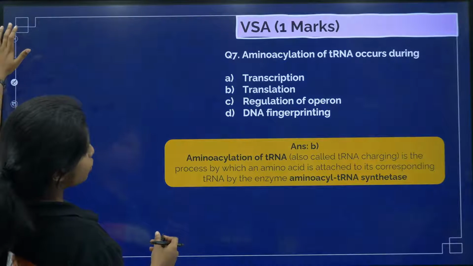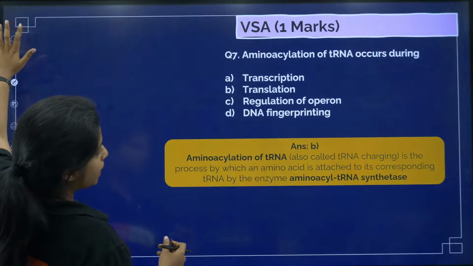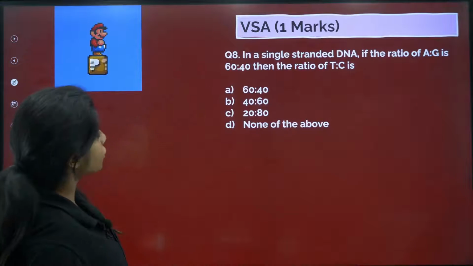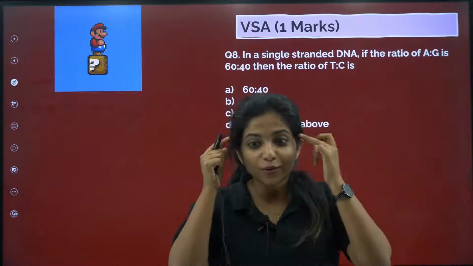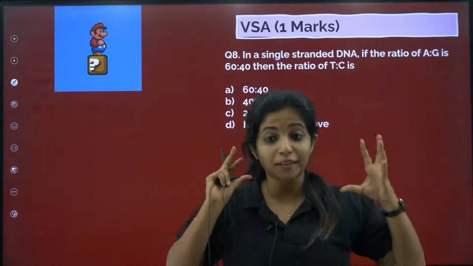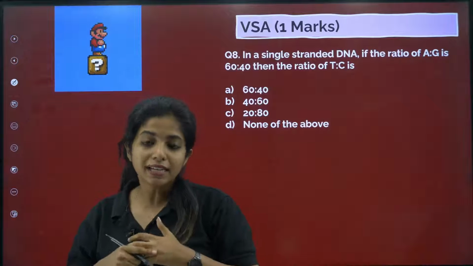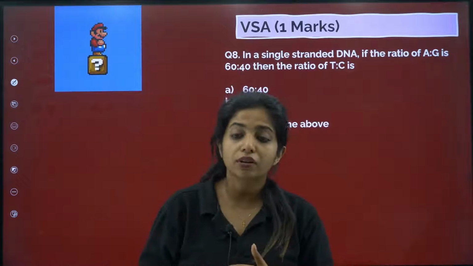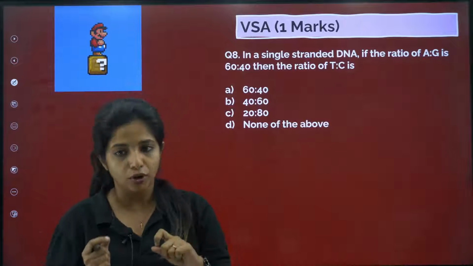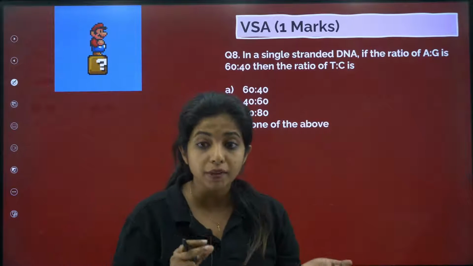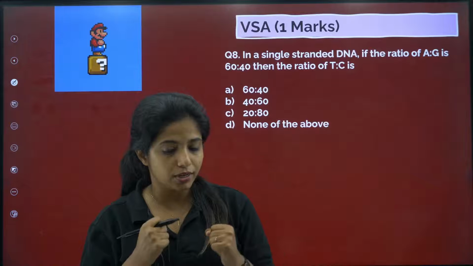I'm going ahead with the next question. Now this is a question which I put in red. You need to use a little of your brain. This is something that I loved so much. In a single stranded DNA, if the ratio of adenine and guanine is 60 and 40, then what is the ratio of thymine and cytosine?